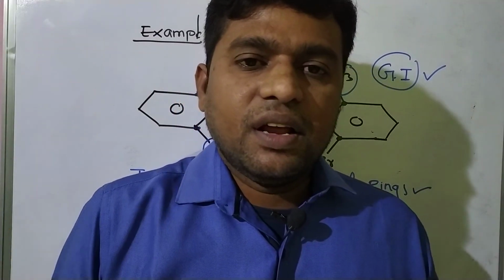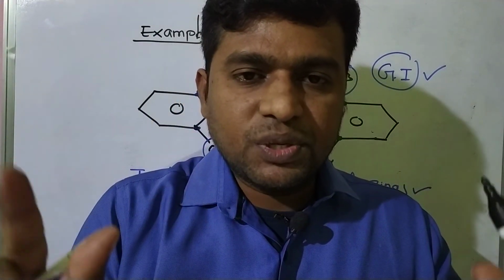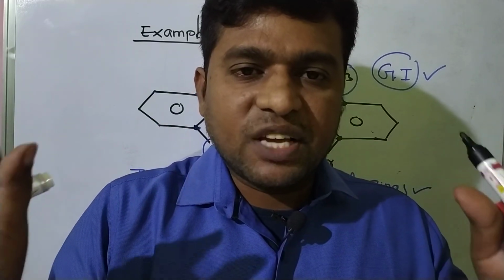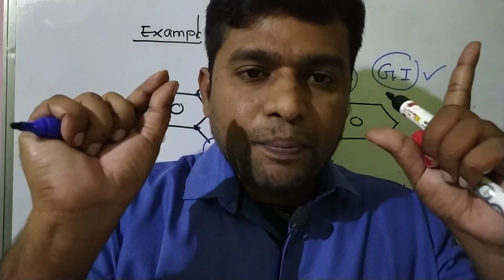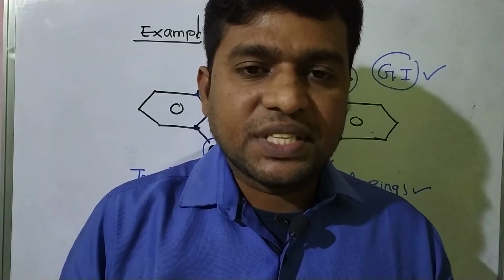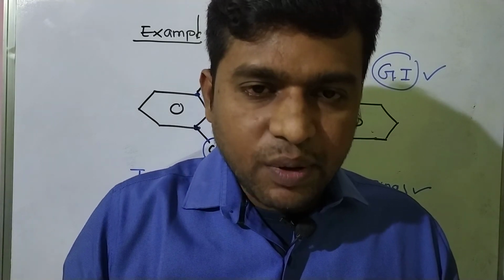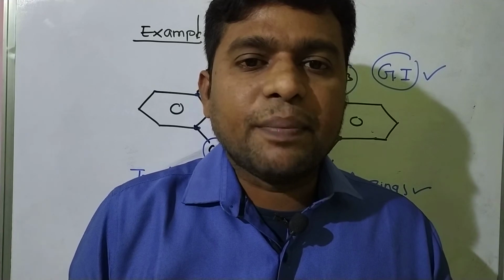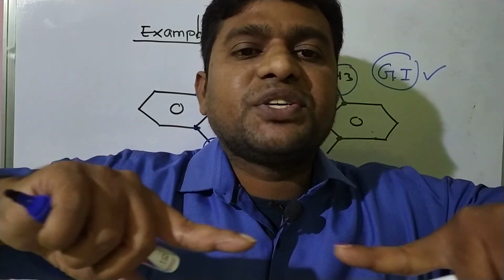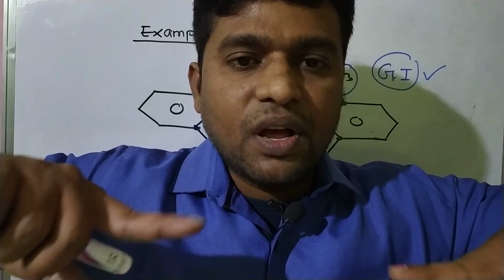Once again, I will repeat, biphenyls do not show geometrical isomerism if they have bulky groups at ortho positions. Why? Because after introduction of bulky groups into the ortho positions in biphenyl, the planar structure of the biphenyl changes into a non-planar structure.